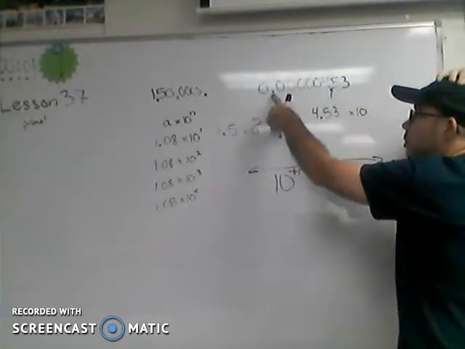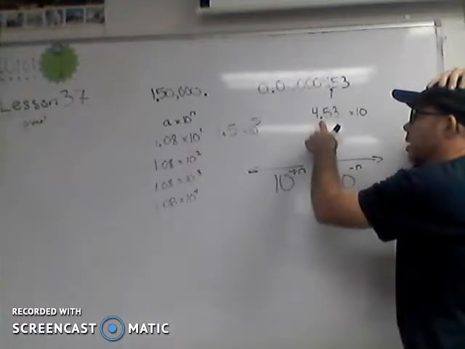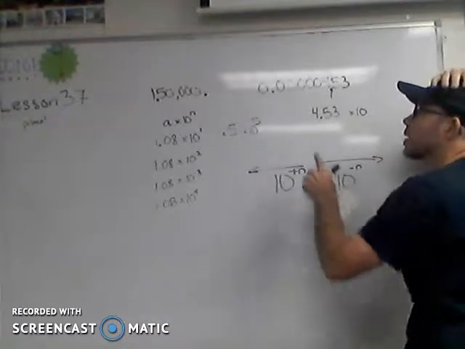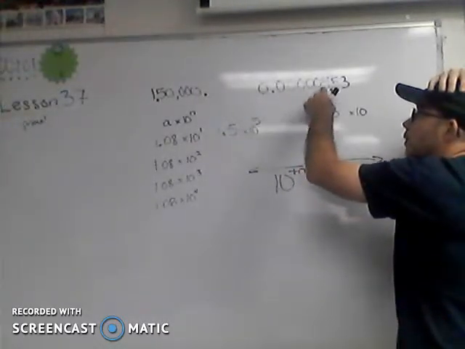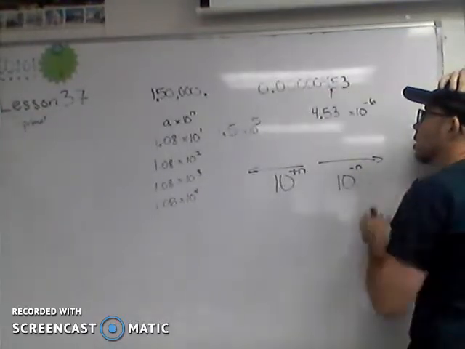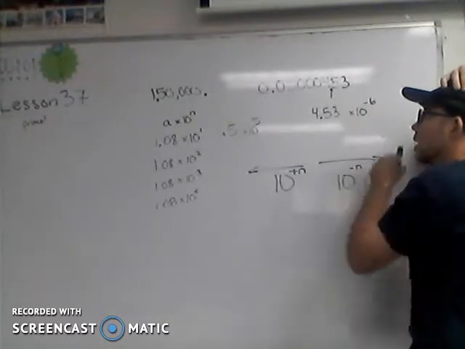And I've just moved the decimal place this way, which means to get this number back to this small number, I'd have to divide by a whole bunch of powers of 10. And counting, I had to move it 1, 2, 3, 4, 5, 6 places.